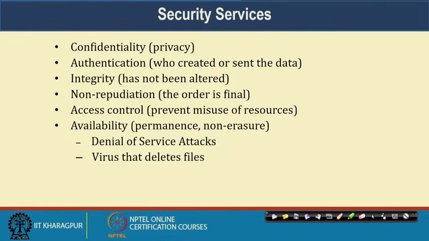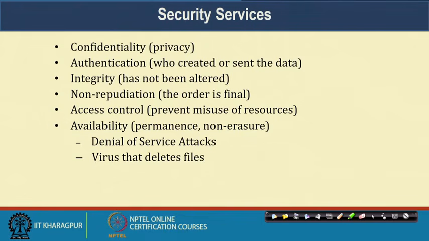Very popular is role based access control. Based on my role, what I can access is defined, right. Based on the role, I can access this type of data set or this part of the network and so on, right. So, this access control also prevents misuse of resources.